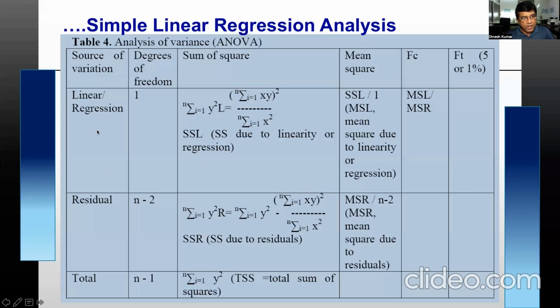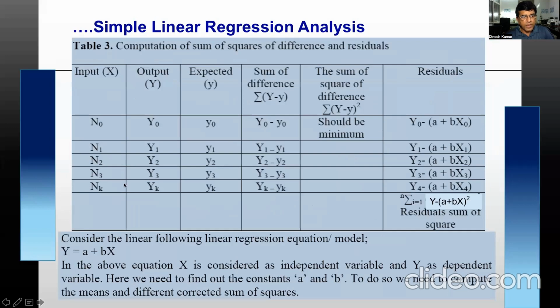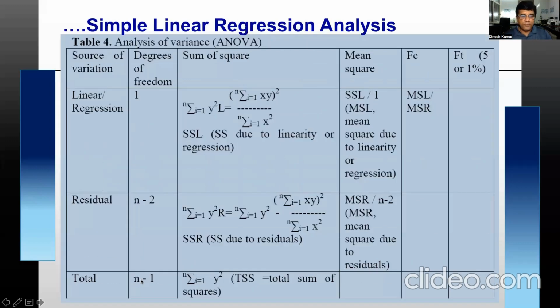Suppose here you have 1, 2, 3, 4, 5. 5 pairs, x0, y0, x1, y1, x2, y2. So here you have 5 pairs. And you can also have 4 pairs also. So any number of pairs you can have. And then suppose there were 5 pairs, then 5 minus 1. So it will be 4.